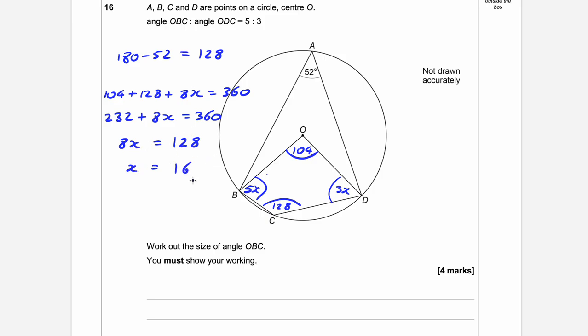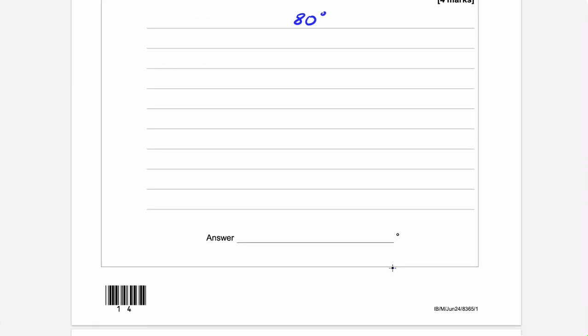So x is 16, but he wants OBC, so he wants this angle here, which is 5x. So OBC equals 5x. 5 times 16 is 80. So it's 80 degrees. Okay.